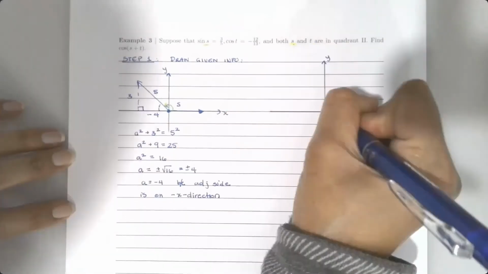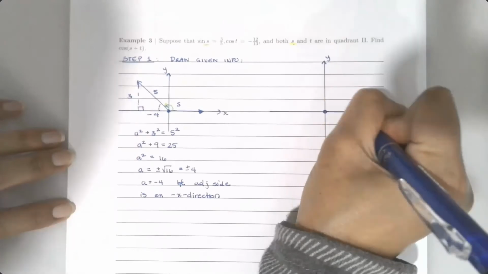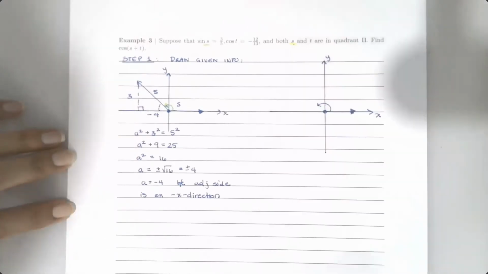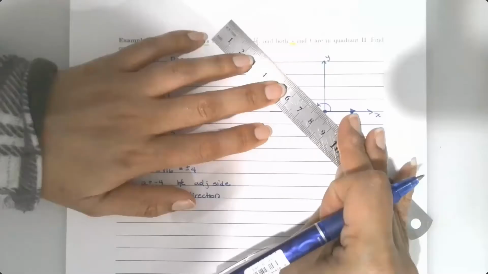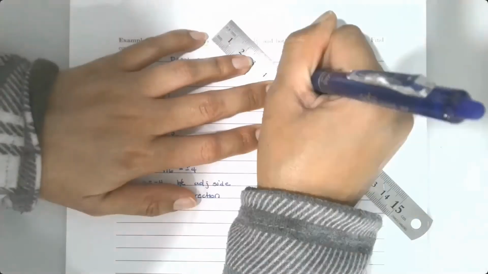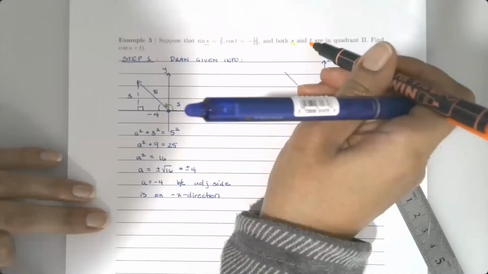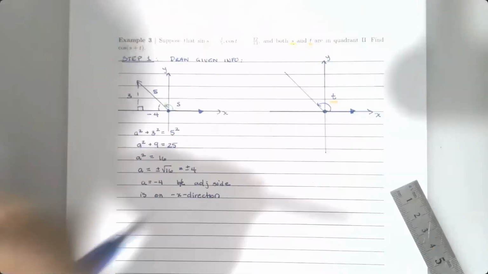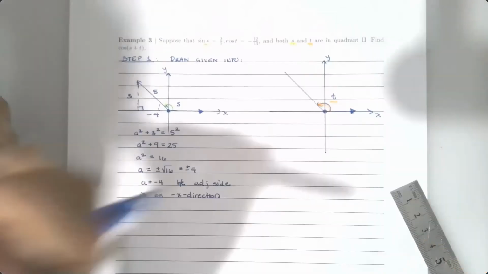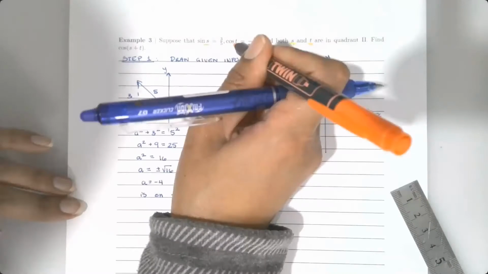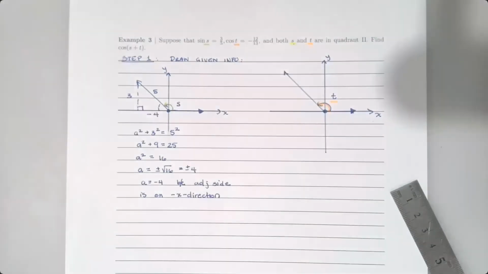Right, so vertex at the origin, initial side on the positive x-axis, and the terminal side is somewhere in quadrant number 2. This is for angle T now. Now the information that we have about angle T is that cosine of that angle is -12/13.